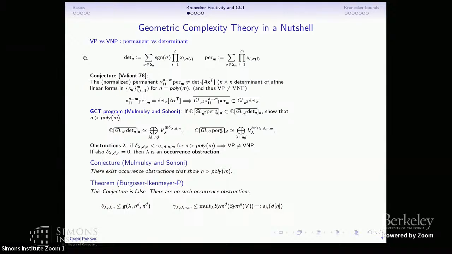One problem is going to be that this coordinate ring of the determinant is pretty large.